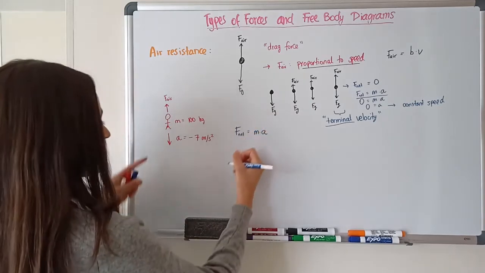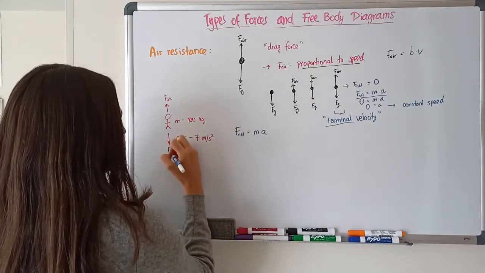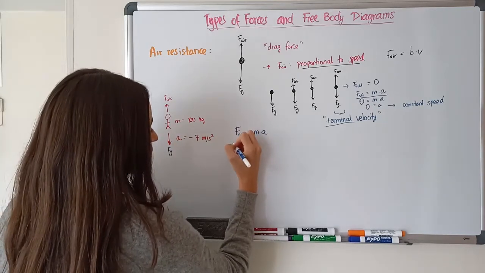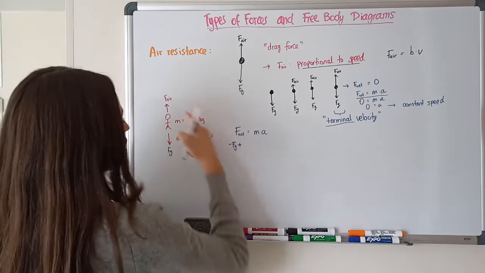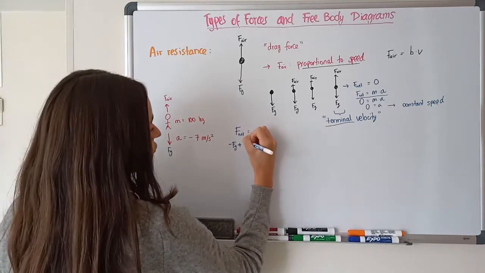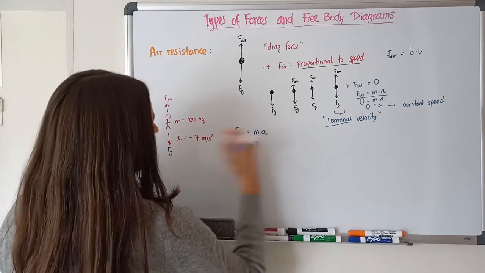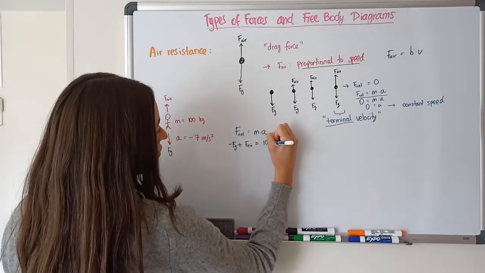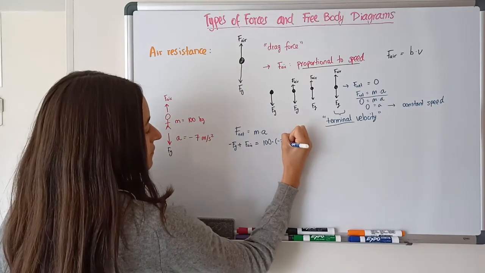And the net force is the sum of the forces. So downwards we have the force of gravity, which is going to be negative. And then upwards we're going to have plus the force of air resistance. And this is going to be equal to mass, which is 100, times the acceleration, which is -7.